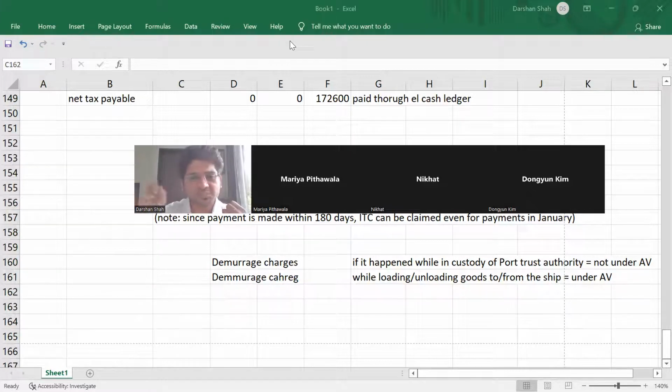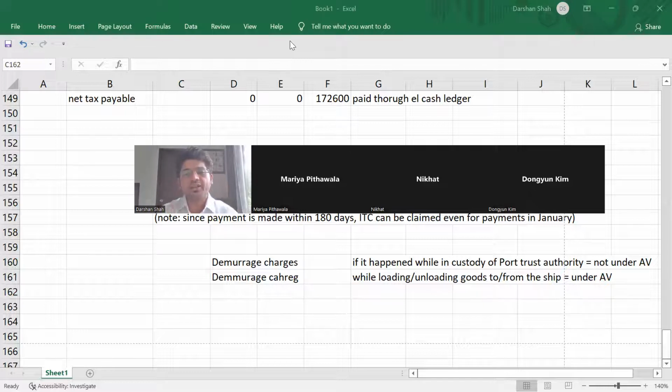So all these expenses, barge expenses, demurrage expenses, pilferage expenses, right? These are due to the nature of your conveyance that these expenses are happening. Okay. If they are charged to the customer, then it is taken under assessable value. If the seller has borne it, not under assessable value.